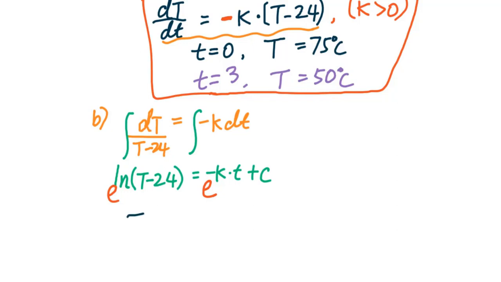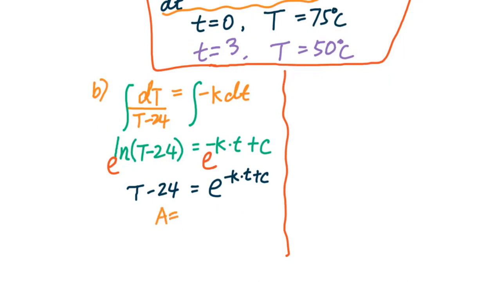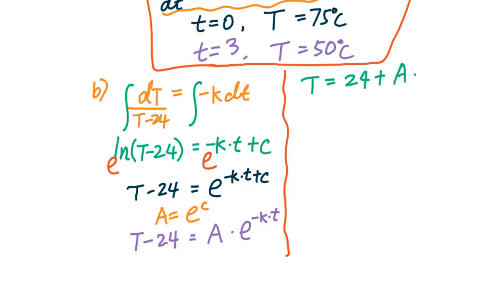You will get T minus 24 equals e to the (negative k t plus c). Make A equal to e to the c, so that you get T minus 24 equals A times e to the negative k t. So you add 24 to both sides, you will get T equals 24 plus A times e to the negative k t.